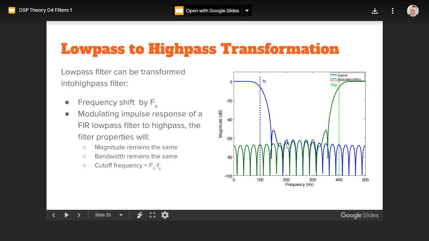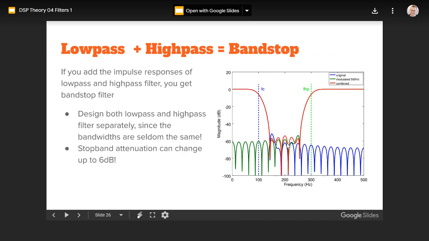So, okay. How about bandstop filter? Well, that's basically parallel: a low pass filter for the lower part of the frequency and then a high pass filter for the rest.